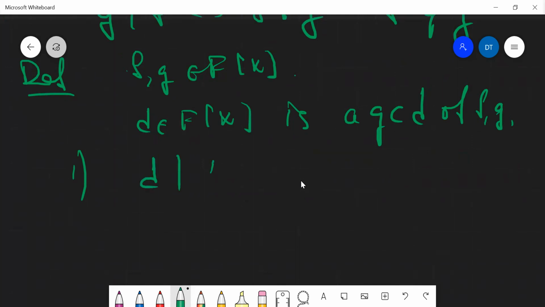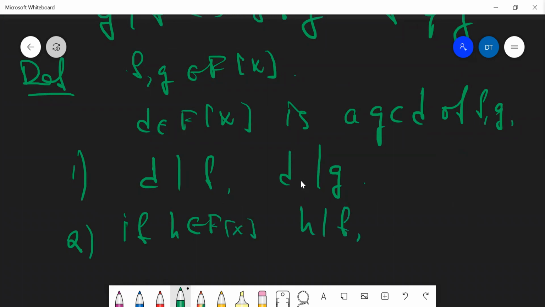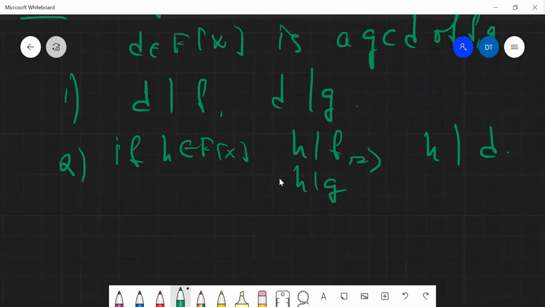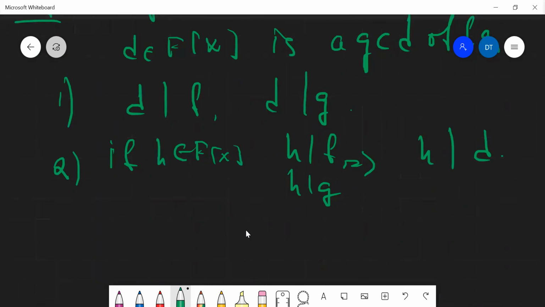So it must divide f and it must divide g. And also, this is the largest possible divisor in the following sense. If some polynomial also divides f and g, then this polynomial divides d. So this is the definition of a greatest common divisor.